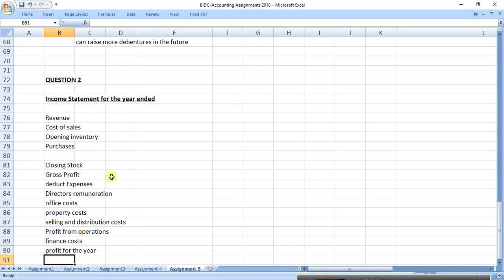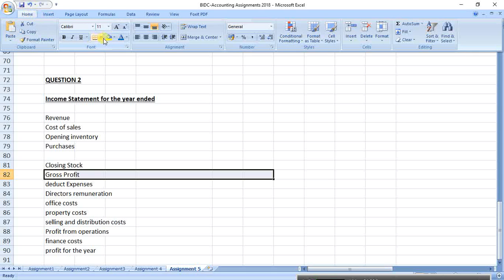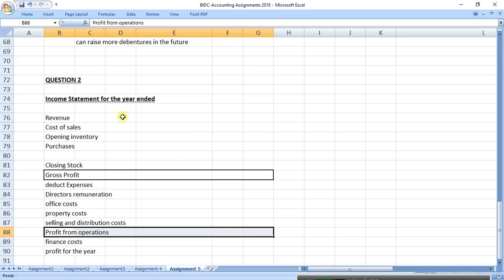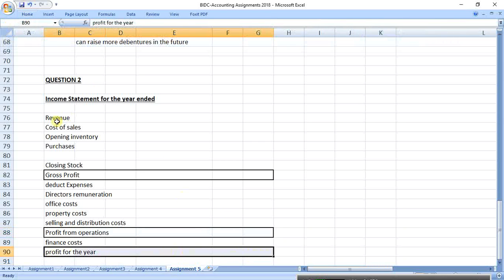Okay, that's it. All I do need to do here though is I need to put totals. So I obviously need to put a line here for gross profit. I need to put a line there for profit from operations. And one over there as well.